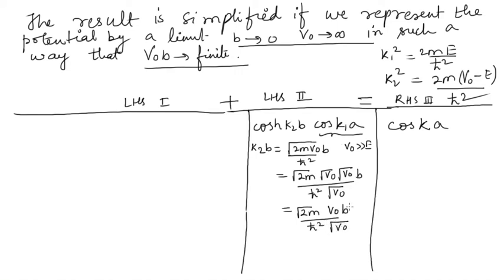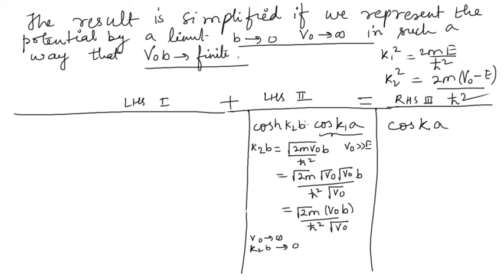Now from the limit, V naught b is finite. Okay, and V naught tends to infinity. When V naught tends to infinity, this term will become very, very small. So when V naught tends to infinity, k2b tends to 0.